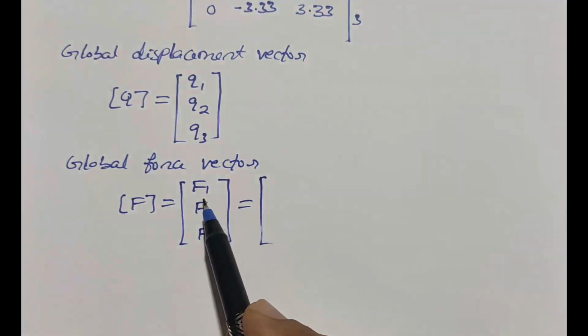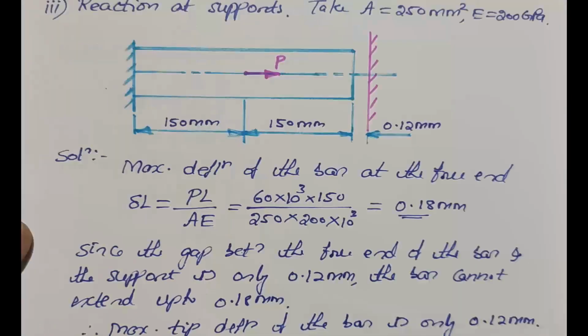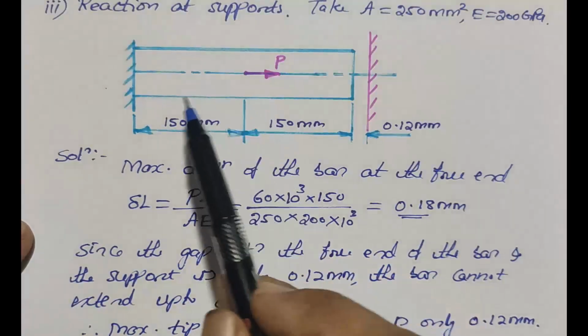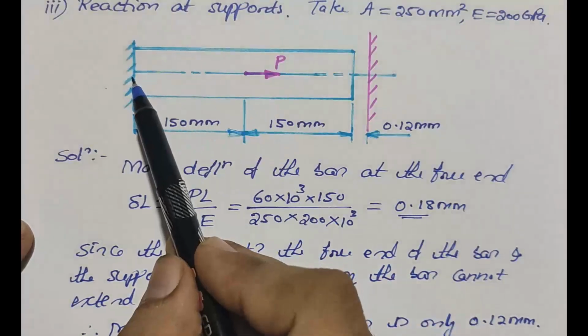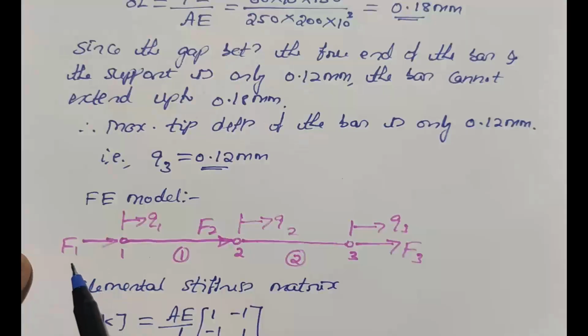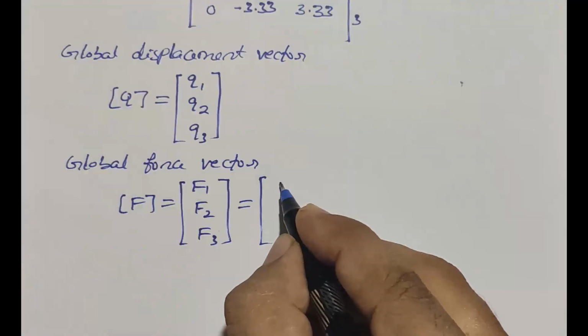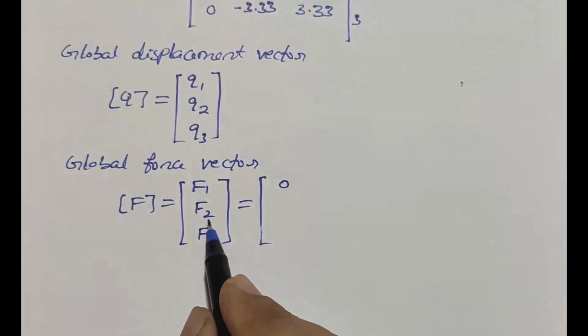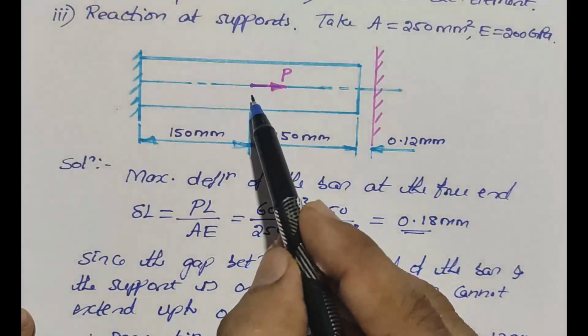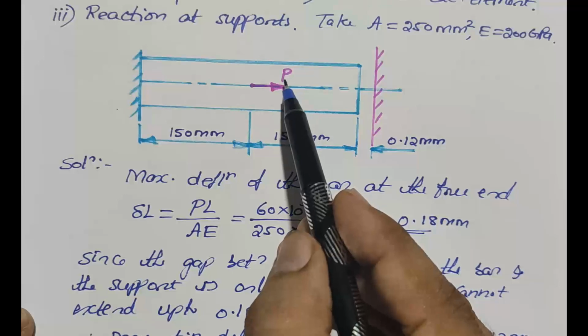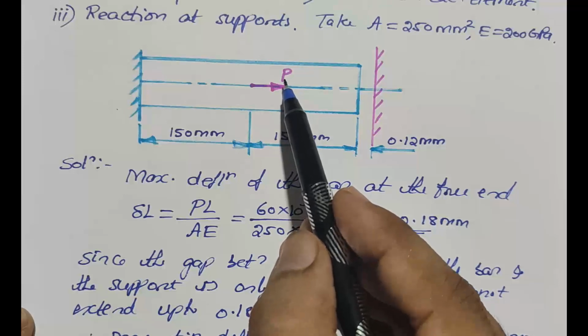F1 is the applied load at node number 1. See the figure. Here at node 1 we don't have any force. Therefore F1 becomes 0. Next F2, the applied load at node number 2. See the figure. At node number 2 we have a force P which is equal to 60 kilonewton.